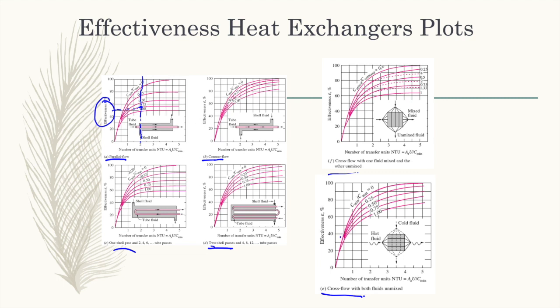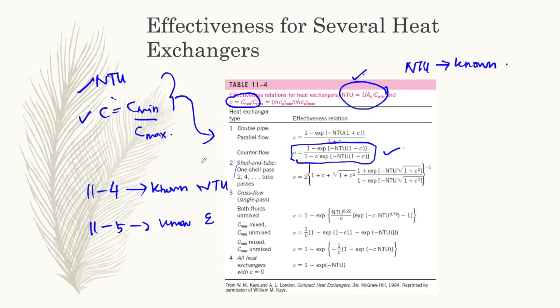This chart is only to determine the effectiveness of your heat exchanger. It can't determine your NTU values. So if there is no information given in the question that lets you calculate the NTU values, therefore you have to use the tables, 11.5.